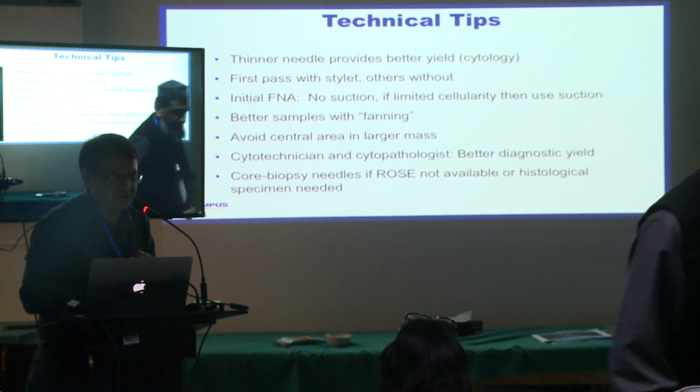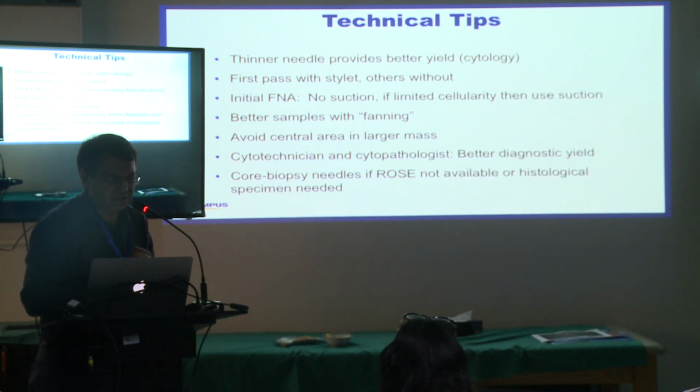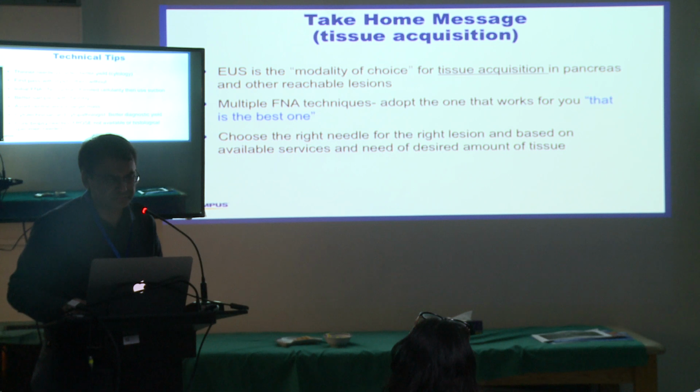Initial FNA, no suction. If limited cellularity, then you can use suction. I use an intermittent suction, as I mentioned before. Do the fanning, avoid the central area of a larger mass, and if you have a cytotechnician or cytopathologist, you get better diagnostic yield. If you don't have that facility available, then get a core biopsy.